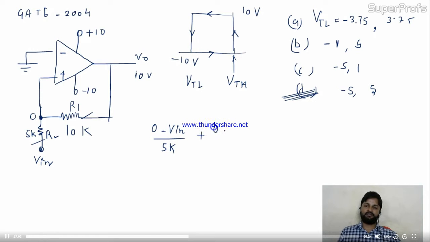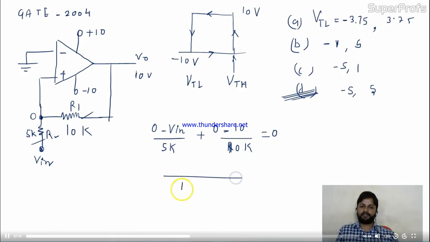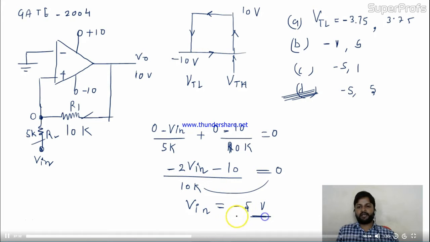And this will be 0 minus V naught, that is 10, divided by 10K, equal to 0. Okay, so if you do the LCM for this, it will be 10K minus 2Vin and minus 10 equal to 0. So this Vin you are getting over here, this 10K will go to this side, minus 5. You are getting minus 5 volt.